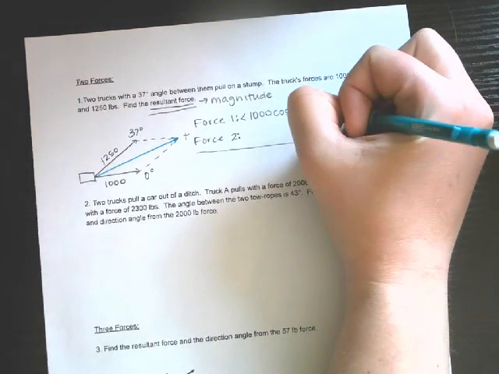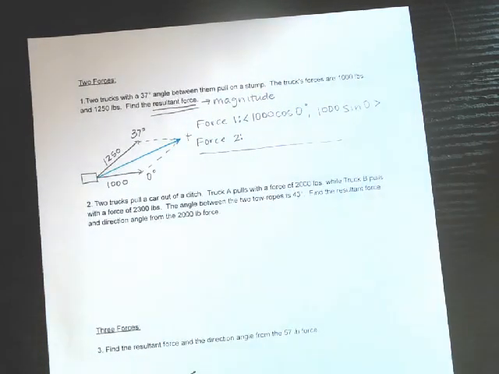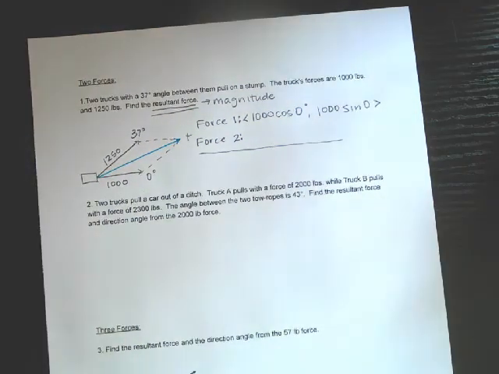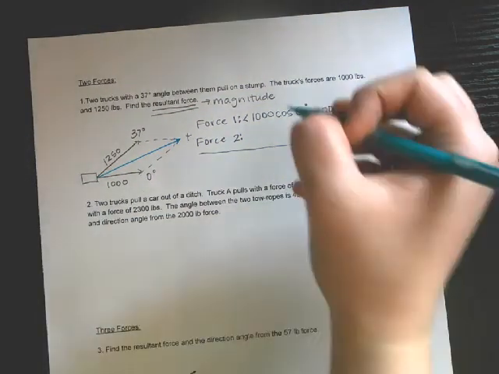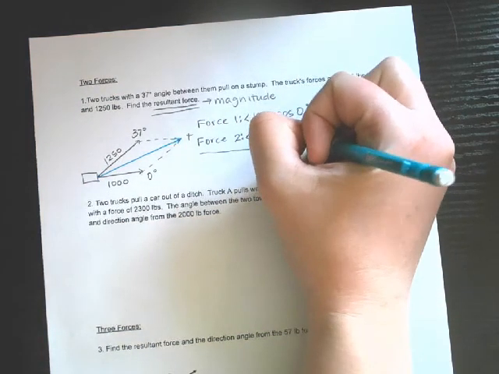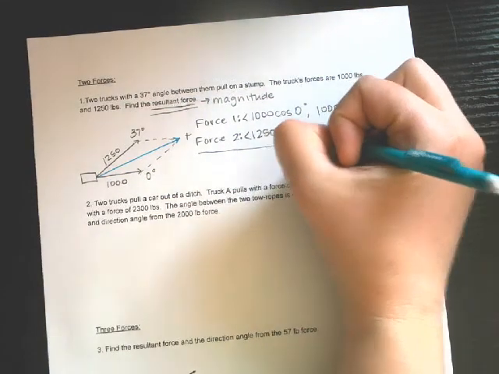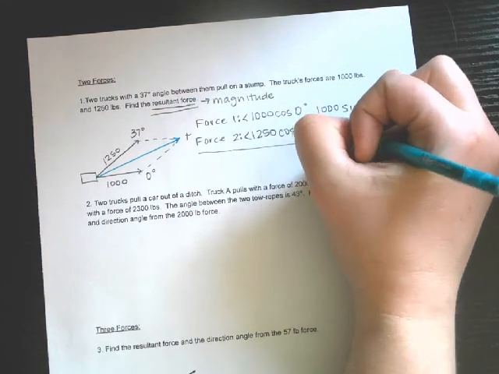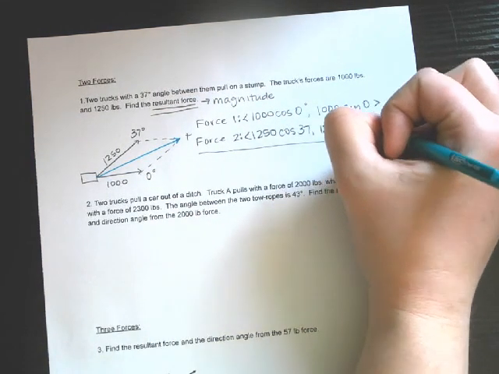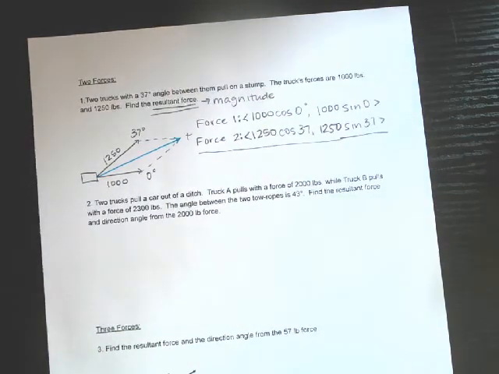Okay, so 1,000 cosine of my angle, which is 0, and then 1,000 sine of my angle, which is 0 again. Then force 2 is 1,250 cosine 37, because that's going to give me my horizontal. And then my vertical component goes along with sine.